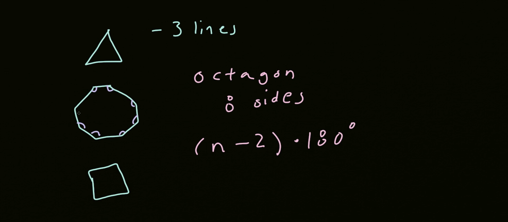But in the meantime, please do the calculation. So it will just be 8 minus 2, which is 6. And what's 6 times 180? It's 1080 degrees. And that's the sum of the measures of the interior angles, that's the inside of this octagon.